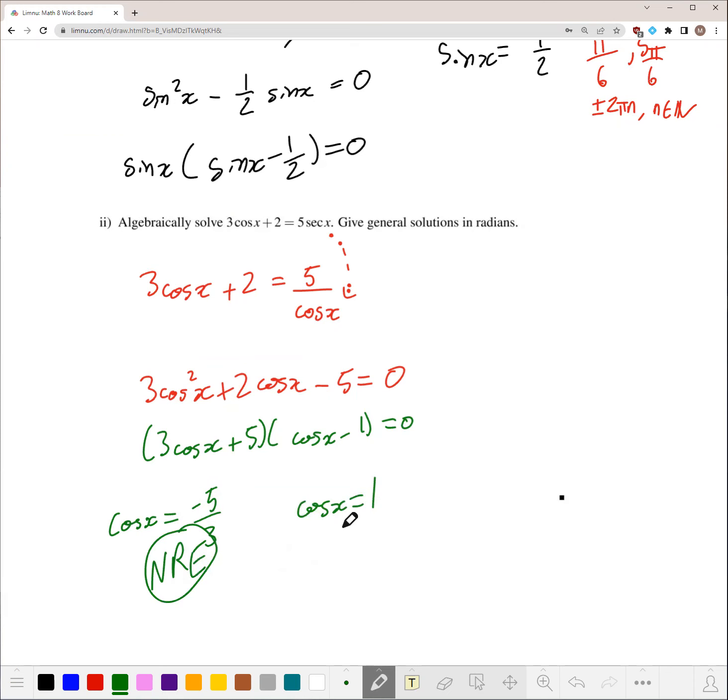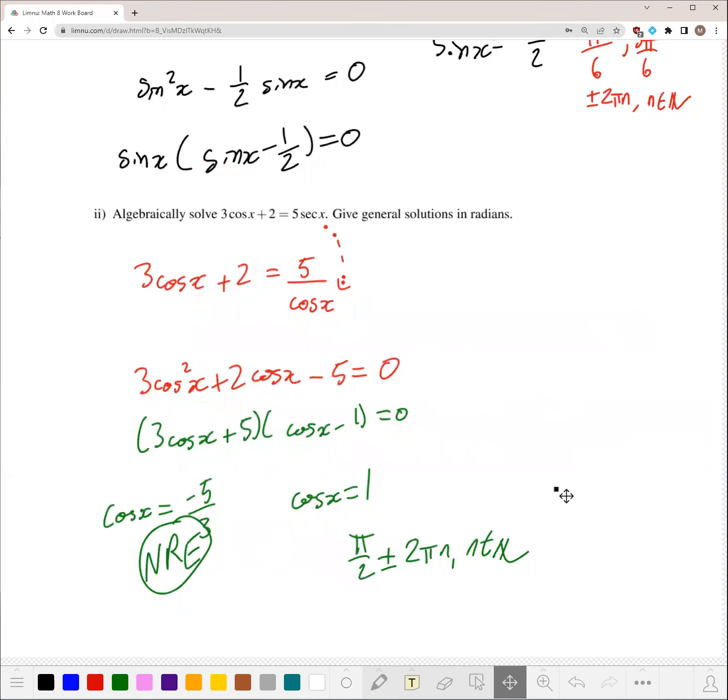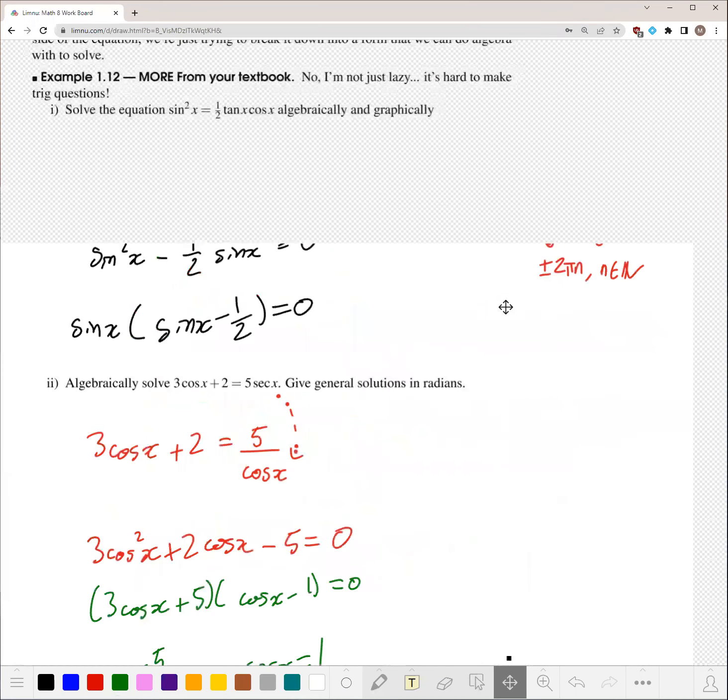And then cosine x is 1. Those are at 0 plus or minus 2 pi n, where n is an element of the naturals. There we go.